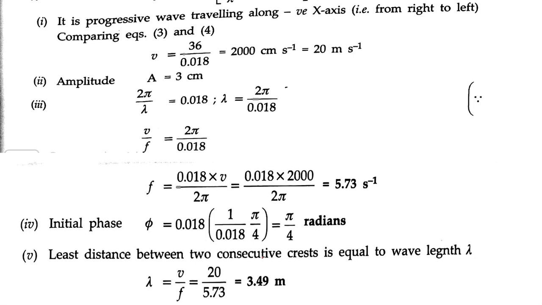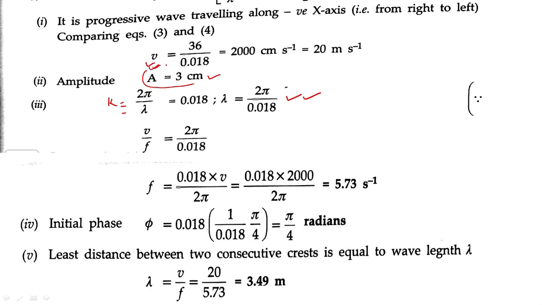Okay, this is the way. Amplitude a equals 3 centimeter. k equals 2 pi by lambda, so lambda equals 2 pi by 0.018.